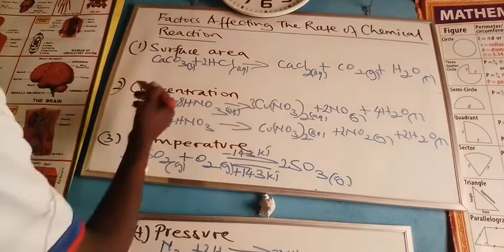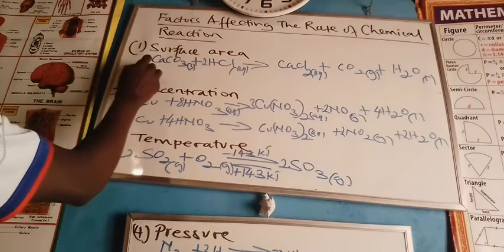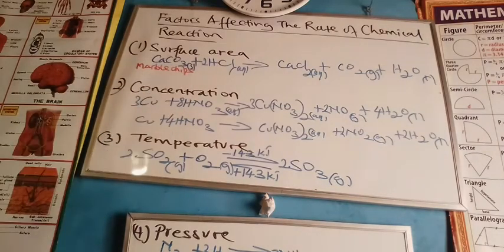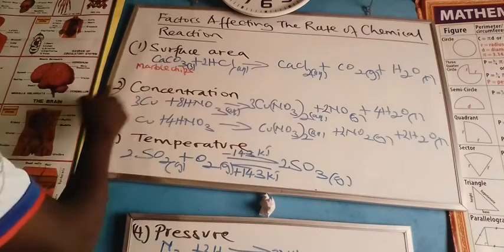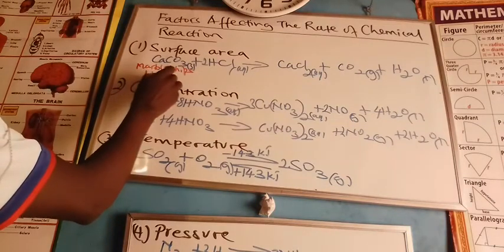Calcium carbonate may exist in form of marble chips. Now, when marble chips interact with HCl, the reaction is very slow, simply because the surface area or the particle size is large. Number two, when calcium carbonate is in powdered form, it may exist as limestone.